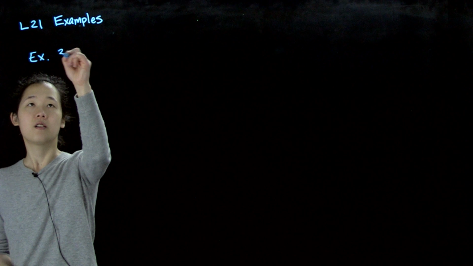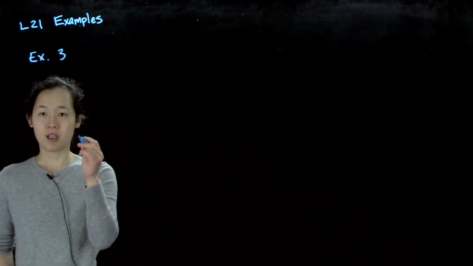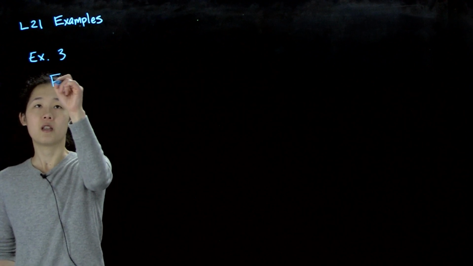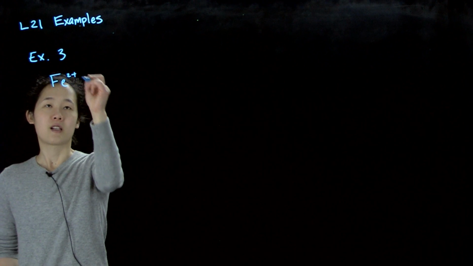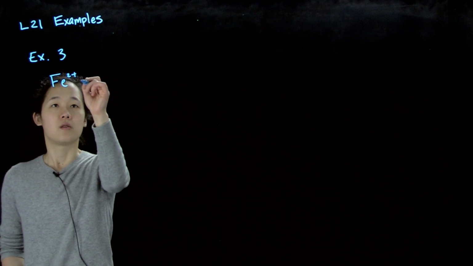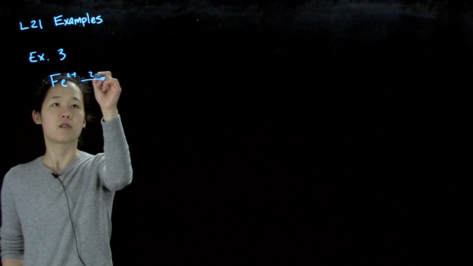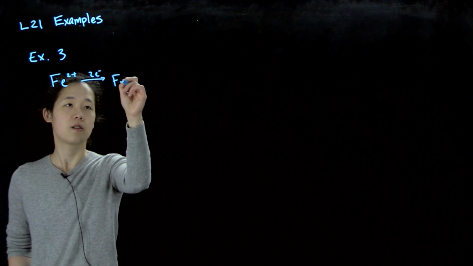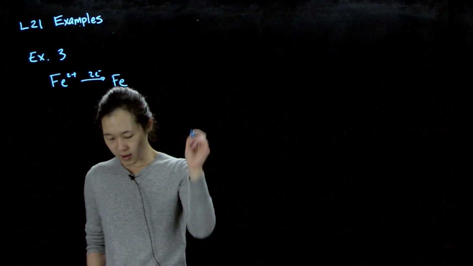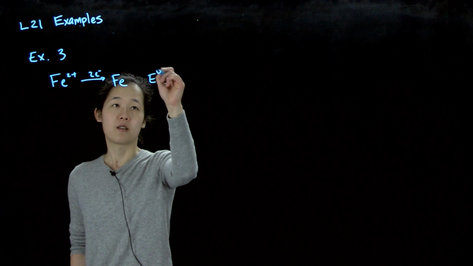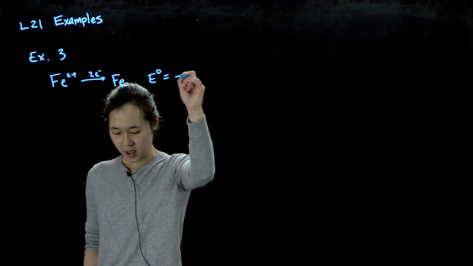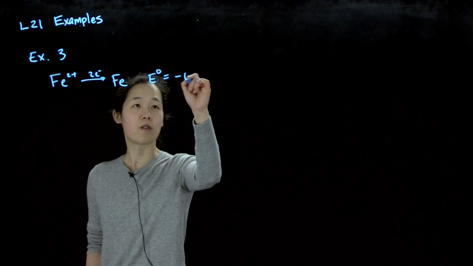The question that I posed at the end of class was, if we know the reduction potential of iron 2+ plus 2 electrons going to iron 0, and this standard reduction potential was minus 0.44 volts.